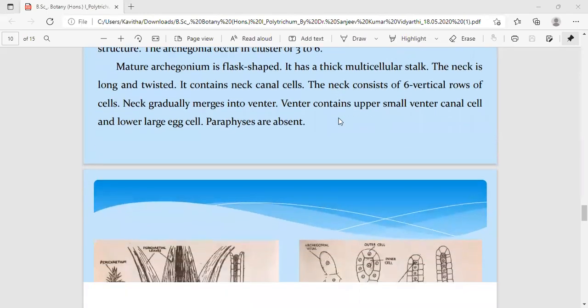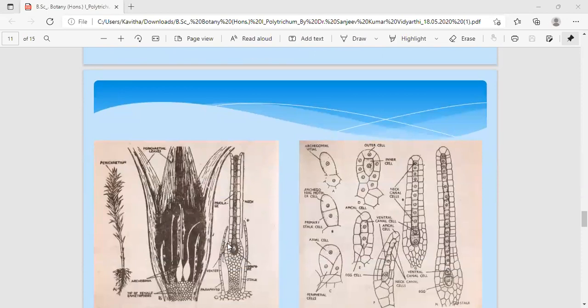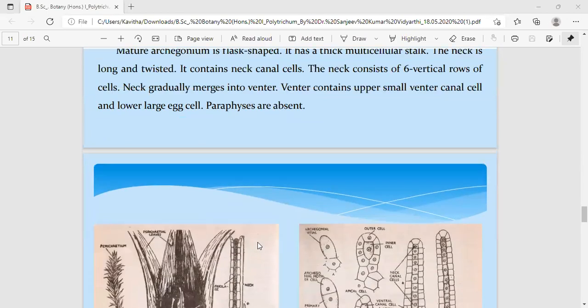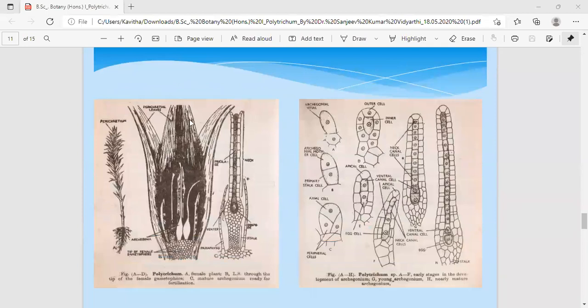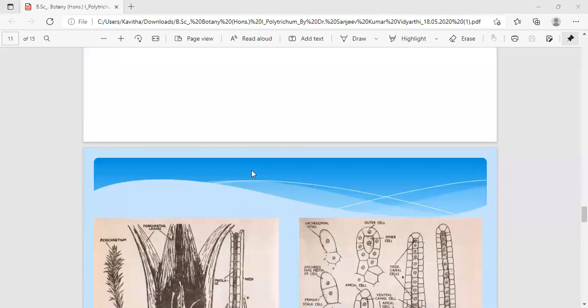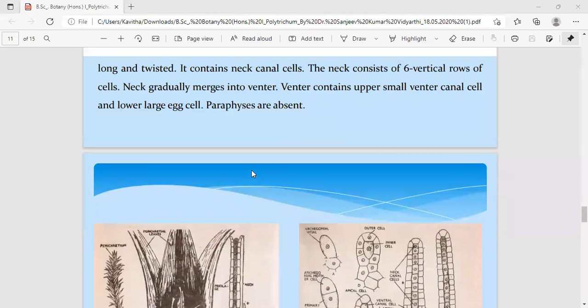Right. So, how is the archegonial structure here? Just like the other bryophytes, each archegonium is a flask-shaped structure having a globose venter and a neck. The one peculiar character of this Polytrichum is that we can see a globose venter at the bottom, but the neck is very, very long, with almost around 6 to 10 cells.